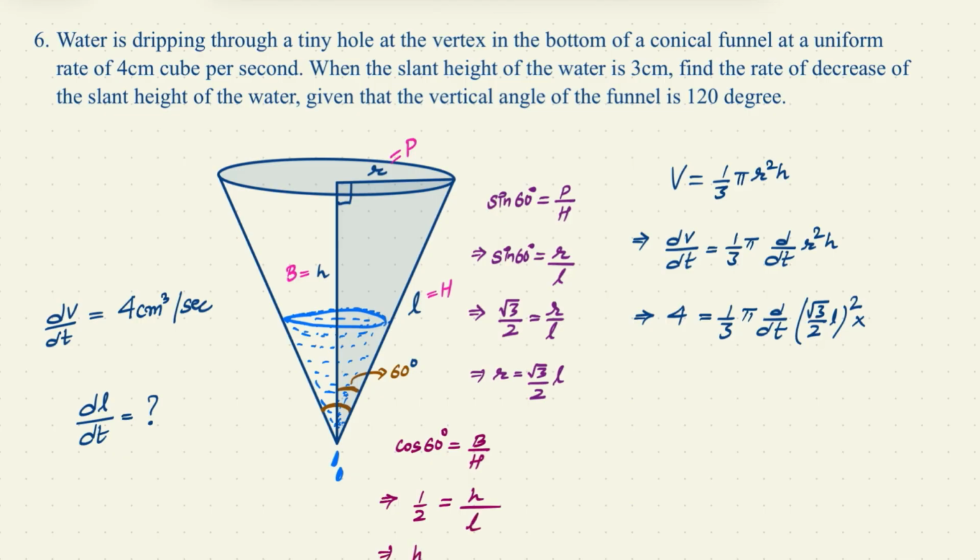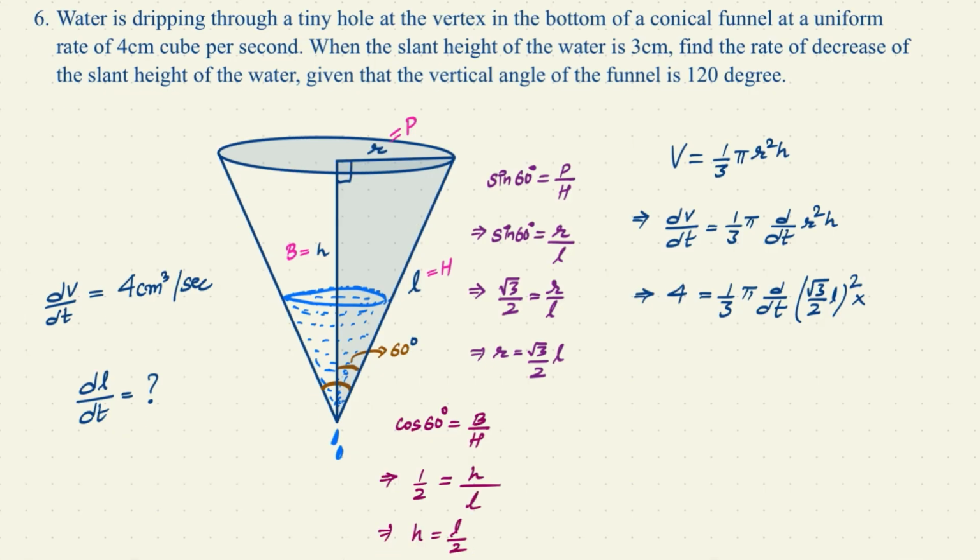So here the value of h equals L by 2. Now we will put this value of h here in this equation. So here it will be L by 2.